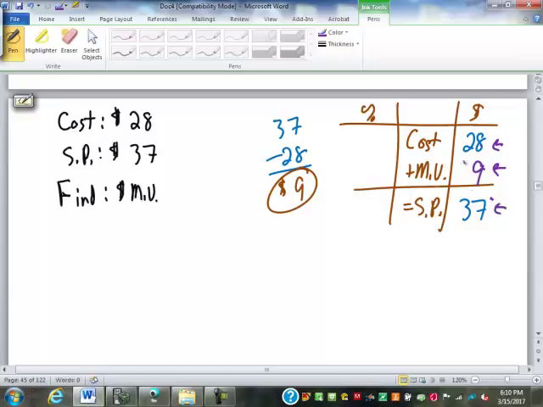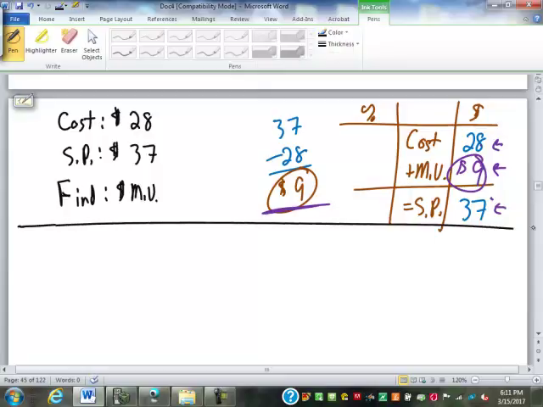So this just has to be the difference, the $9. Subtracting them. That's not the markup based on cost, that's just the markup no matter what, period. Dollar markup is a dollar markup. It's the percent markup that has to be either based on cost or based on selling price.